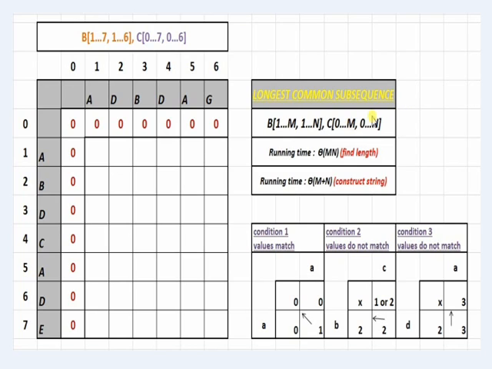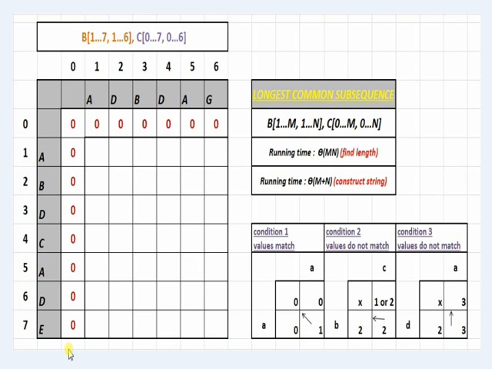Again, m and n are the lengths of the two given strings. So the first thing is you have to fill the topmost row and the leftmost column with zeros.